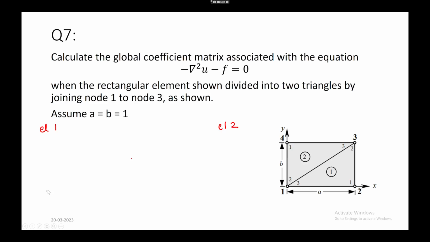Okay, so I'll go to the nodes. Since I don't have space there to write, I will write here. This is my element, this is my xy coordinate. Like this, there are 2 elements.